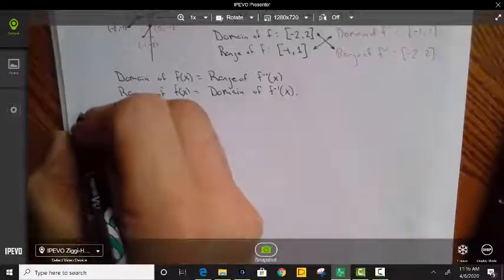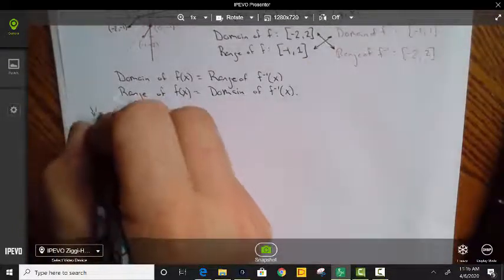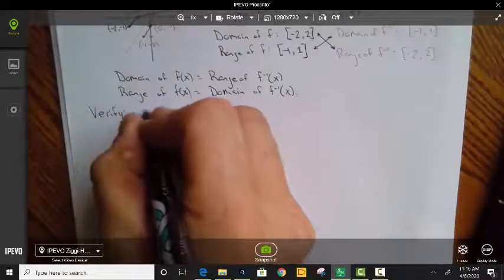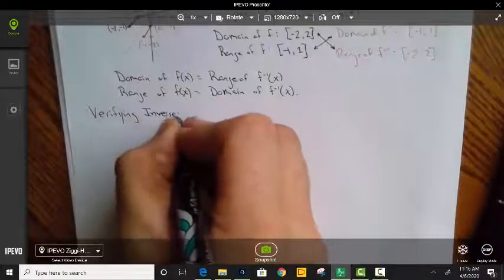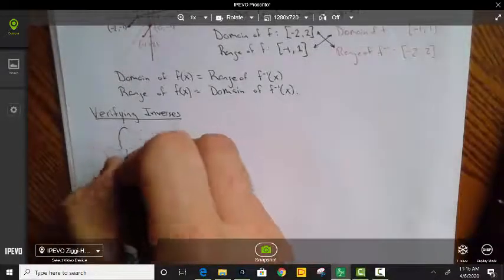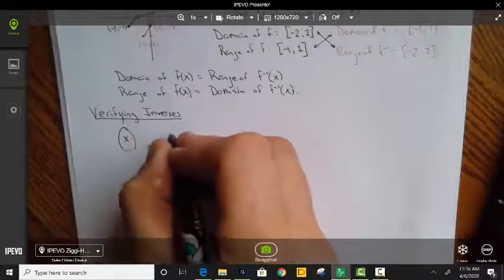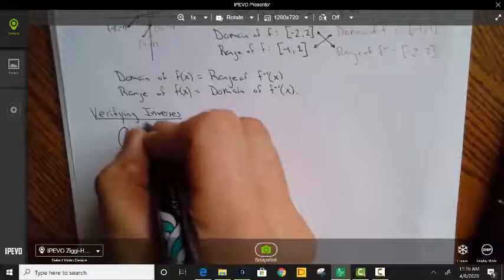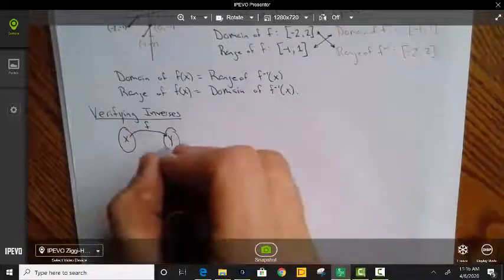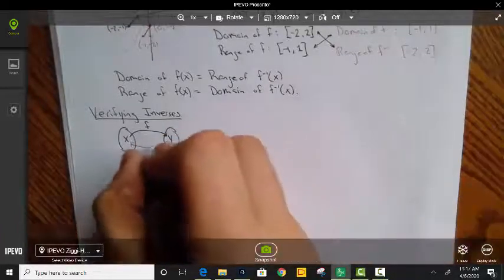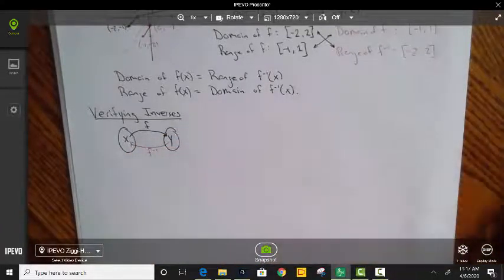Alright, and then the next thing we're going to cover is how do we verify if two functions are inverses. So, verifying inverses. Let's just think about this. If we have x and its corresponding y value, and the function f takes x and sends it to y, then the inverse function will return that y back to the x.